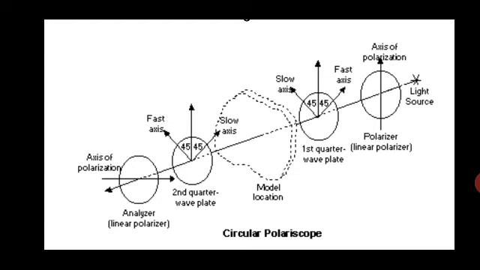Two quarter wave plates are placed, one before the model and one after the model. Along with this, you can observe the analyzer, a linear polarizer which allows only linearly polarized light. Similarly, the second polarizing plate, called the analyzer, is kept in the vertical axis of polarization.